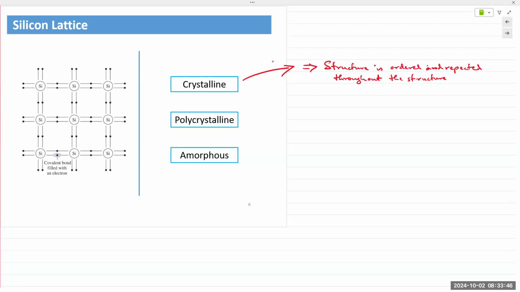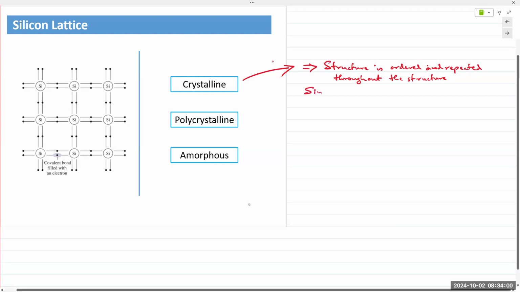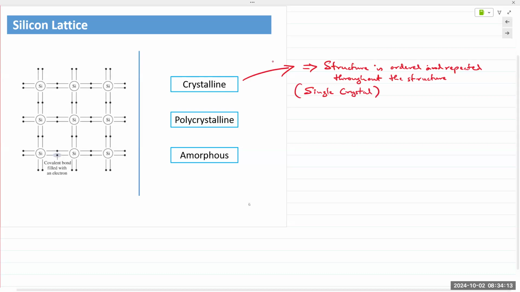It has a periodicity and it has the same material properties throughout the entire structure. Hence it's known as a crystalline material. It is also referred to as a single crystal material.